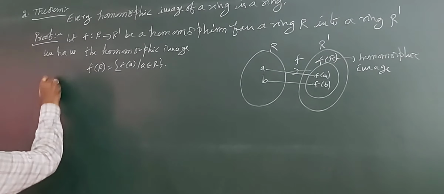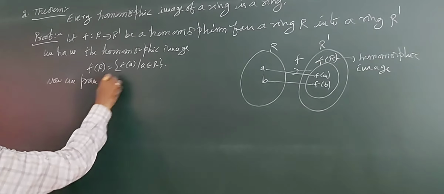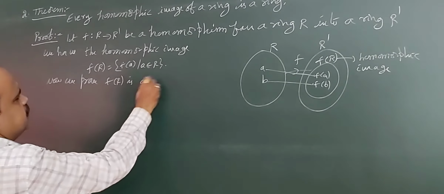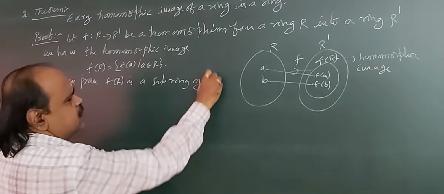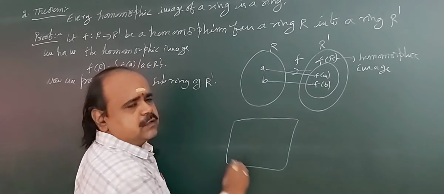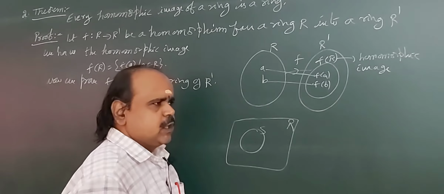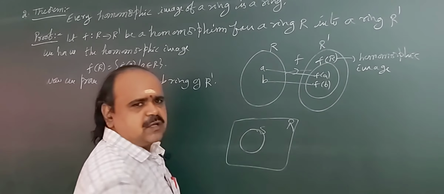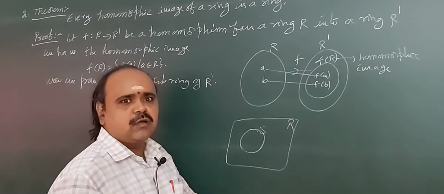Now we prove f of capital R is a subring of R dash. Again comes the concept of a subring. Suppose capital R is a ring and capital S is a non-empty subset. To prove S is a subring of R, we already have an if and only if condition.